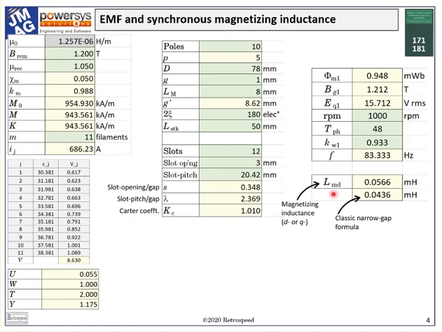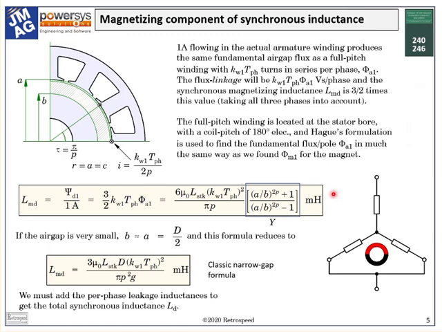In fact, what we're going to do is to resolve the inductance completely into its classical components, starting with the magnetizing inductance. The so-called magnetizing inductance, LMD, is the main component of the synchronous inductance, and once again it is a very old concept. I wouldn't like to say how old, but certainly it goes back to Steinmetz in the 1890s.